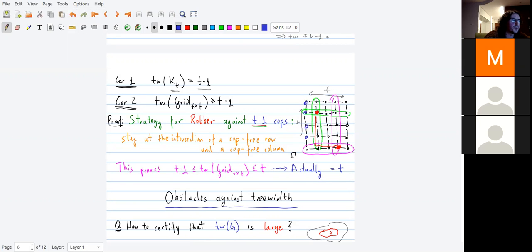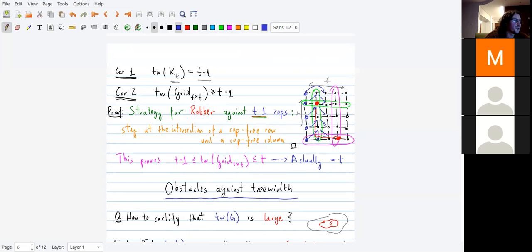So t plus 1 cops can sweep the grid by moving one vertex at a time like that. They sweep the grid from left to right while restricting the area for the robber. And this corresponds exactly to a tree decomposition of a grid that sweeps the grid from left to right. So both of these things prove that the treewidth of a t by t grid is between t minus 1 and t.